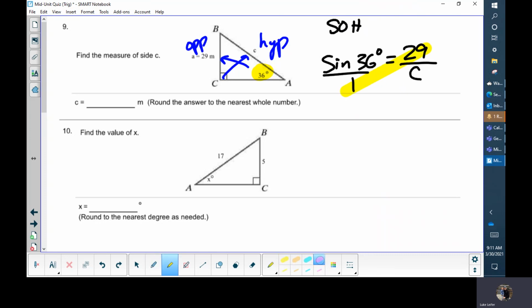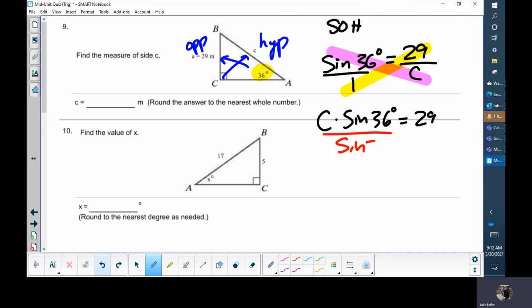Cross multiply. This will be one where I have to take that extra step. C times the sine of 36 degrees equals 29. This is a number. The opposite of multiplying by that number is dividing. Do it to both sides, balance out your equations. This goes away. And now it's a calculator problem.